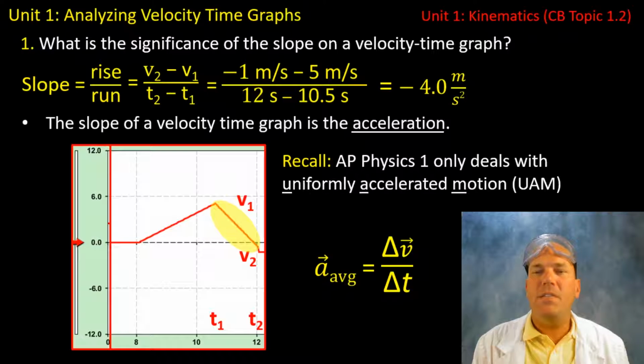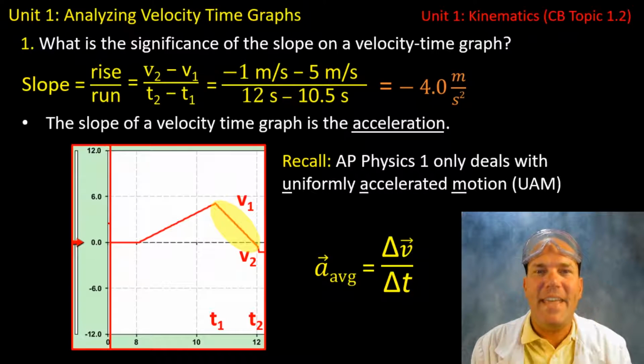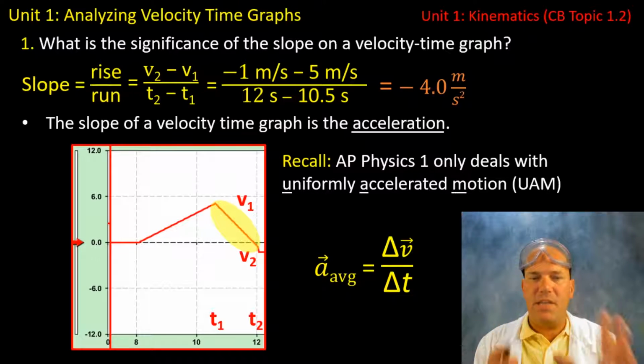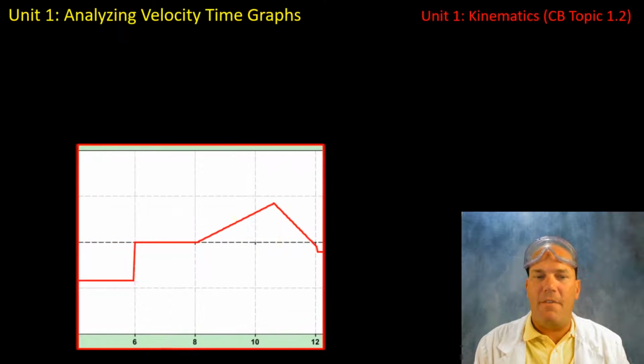That's going to give us an acceleration of negative 4.0 meters per second squared for this second region on the graph.